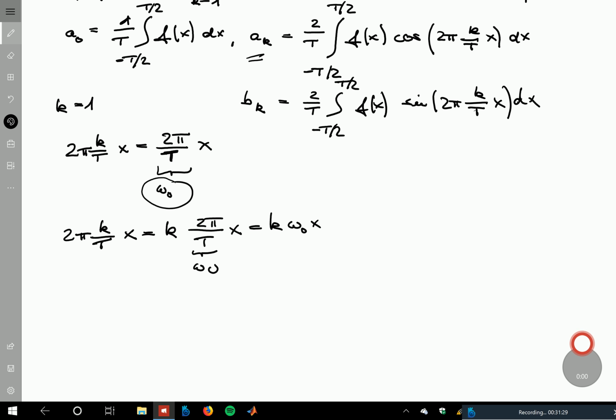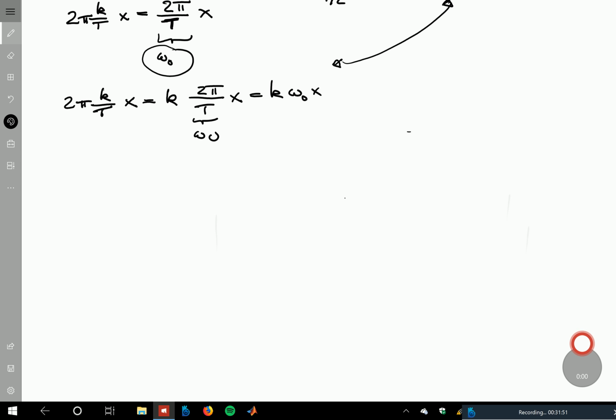So it gets a little bit less messy: we don't have four symbols, we only have three. So it's just rewriting the inputs to the cosine and sine functions, which means that with this definition of omega 0 being 2π divided by the period of the function, we can also write the real Fourier series in this way.